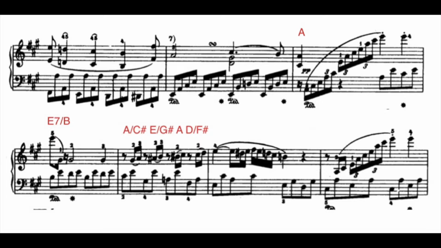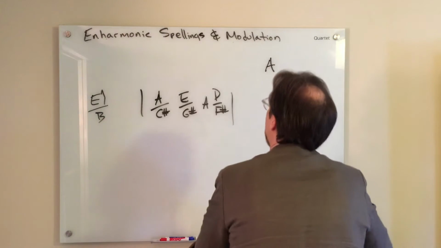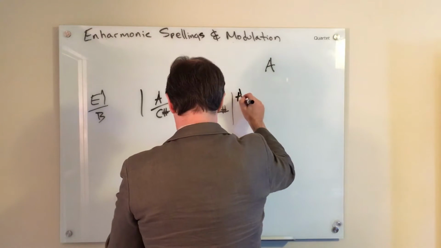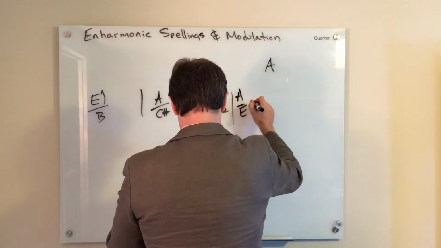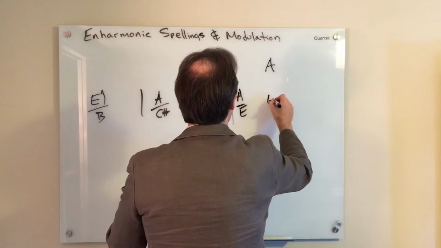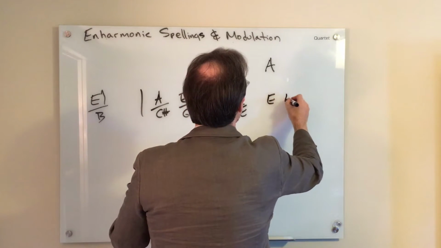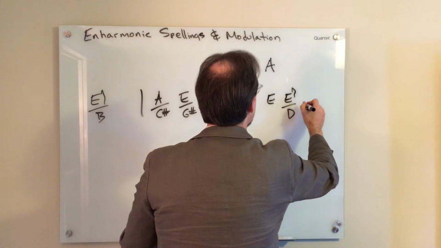So A major triad, E in the bass, lower neighbor, upper neighbor, passing tone, new chord, E major triad, E7 with D in the bass, there. So we can write out that, A major triad with E in the bass, going to E, and then E7 with D in the bass.